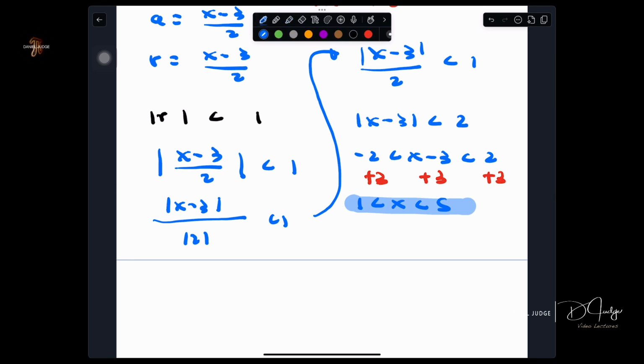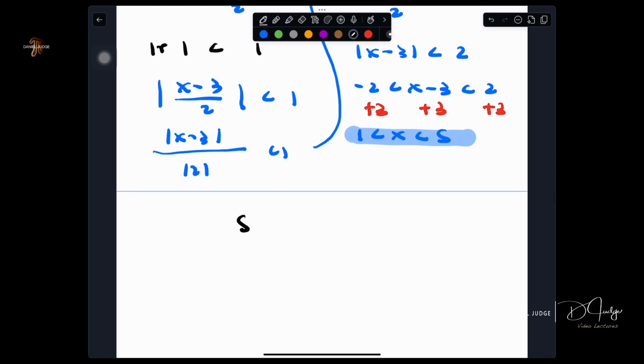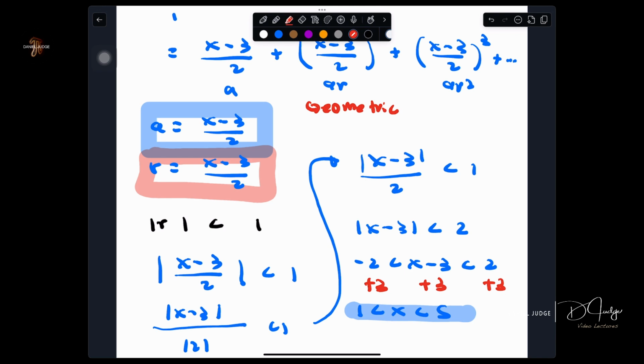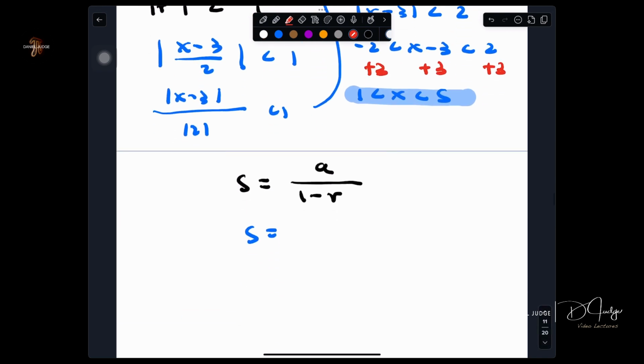The sum, if we look at that, what will it converge to? A over 1 minus r. Well, A is x minus 3 over 2, and r is the same thing. So there's going to be some algebra here. x minus 3 over 2 over 1 minus (x minus 3 over 2).